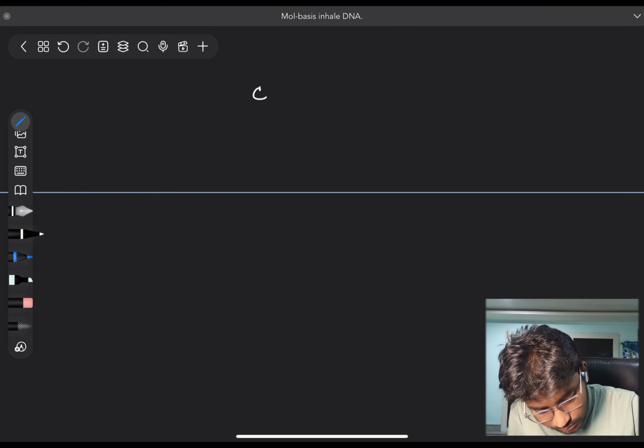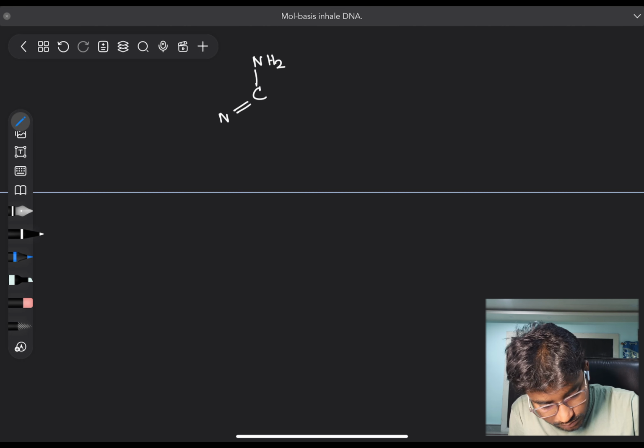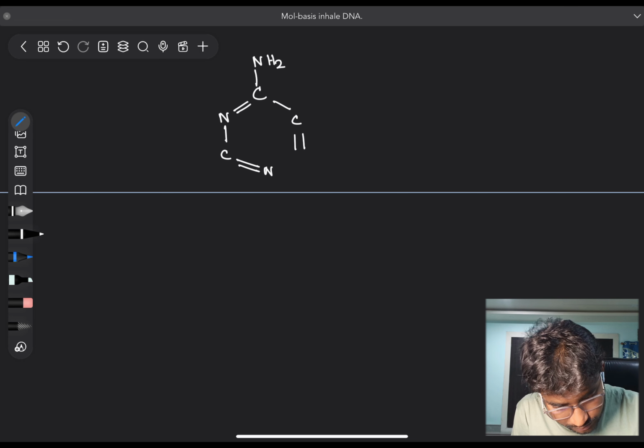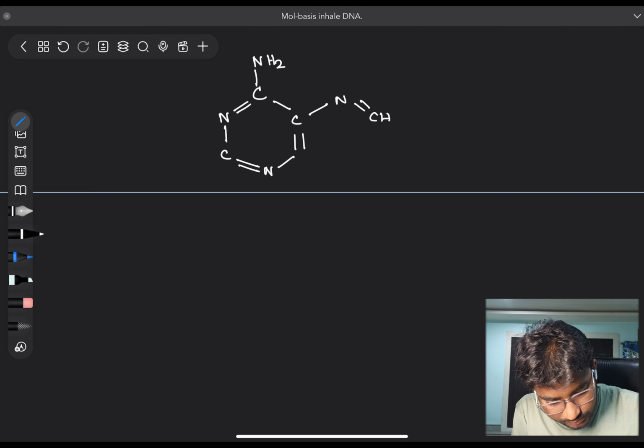Carbon, NH2, nitrogen, carbon. This structure doesn't generally come, but as I have to teach it, I need to draw it. Single bond with nitrogen, hydrocarbon, nitrogen.